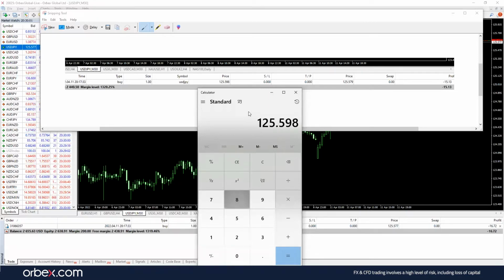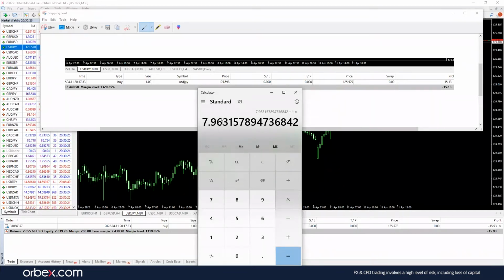So let's just quickly check that again. So 1.9 pips difference. So just remember 1.9, so 15.13, because that's my P&L, divided by 1.9 pips, and then divide by 1. So we don't really need to divide by 1 because it'll be the same amount anyway.